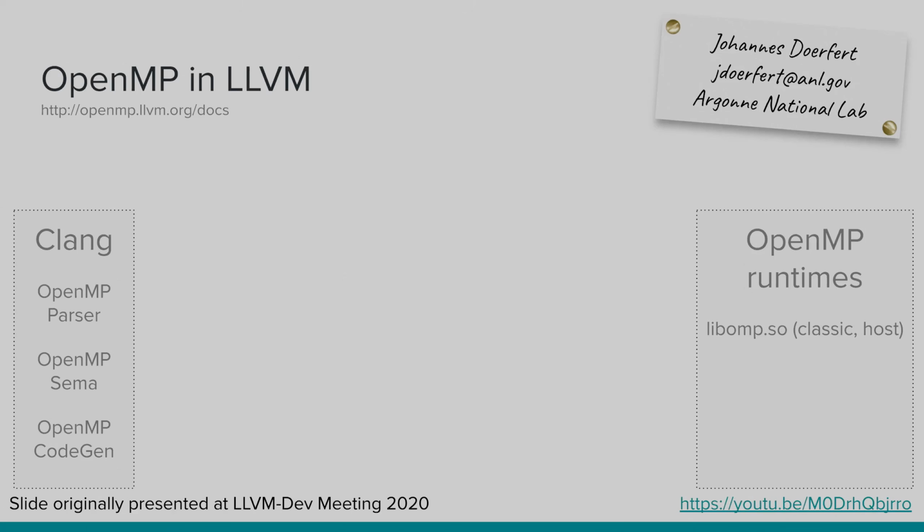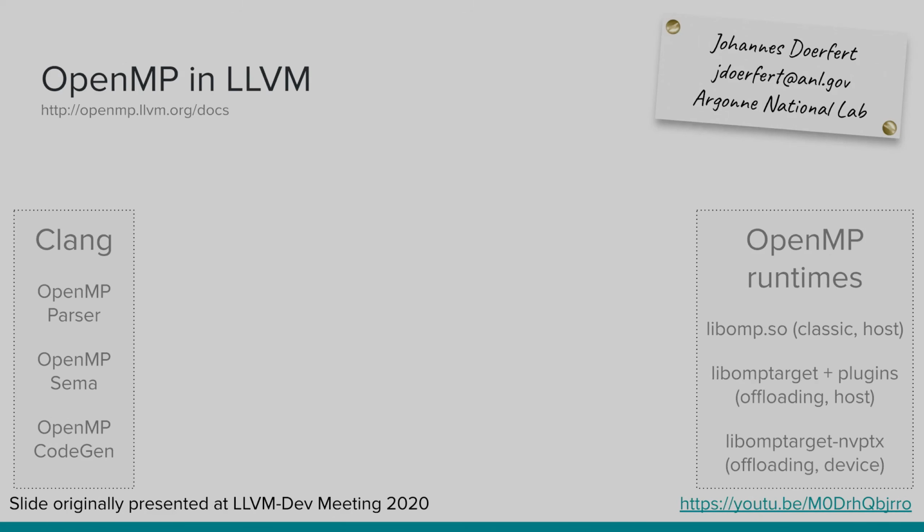Maybe you also consider the runtime as part of OpenMP in a compiler, because the runtime is usually distributed as part of the compiler. So LLVM has libomp, and then GCC has libgomp, and other compilers have other OpenMP runtimes. But there's nowadays a lot more.